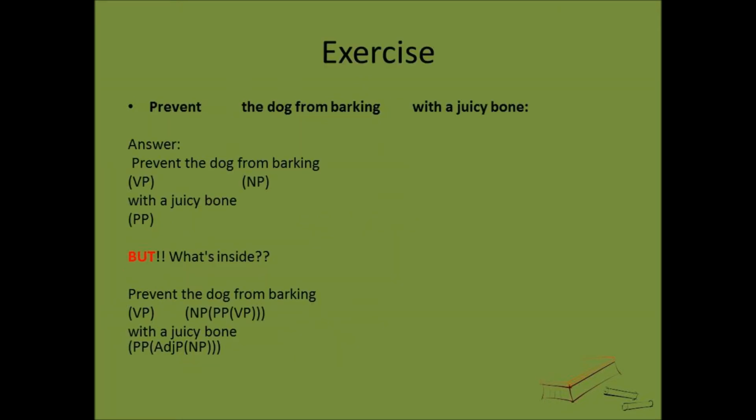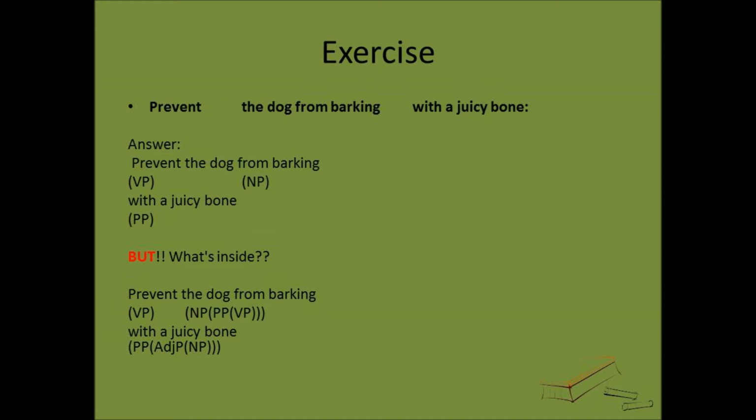Okay, now let's try to do this exercise. Let's analyze this sentence. Prevent the dog from barking with a juicy bone. Okay, so let's do it. Prevent, it's a VP. The dog from barking is an NP. With a juicy bone is a prepositional phrase.